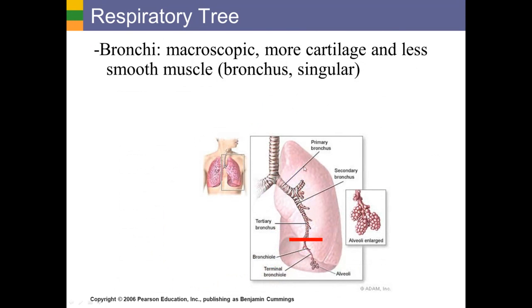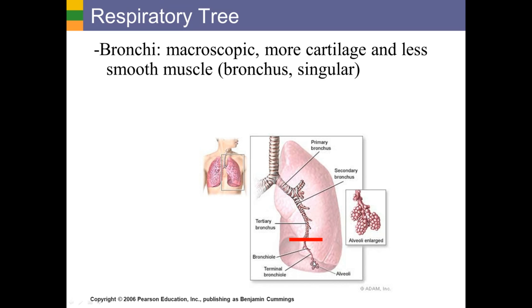Okay, so this is just another view of the respiratory passages, right? So here's the trachea, primary bronchus, secondary bronchus. We've got tertiary bronchi. That's plural, branching off here. Eventually, the bronchi lead to the bronchioles, and you have what's called a terminal bronchiole, and then a terminal bronchiole leads to a respiratory bronchiole, which extends into the alveoli.